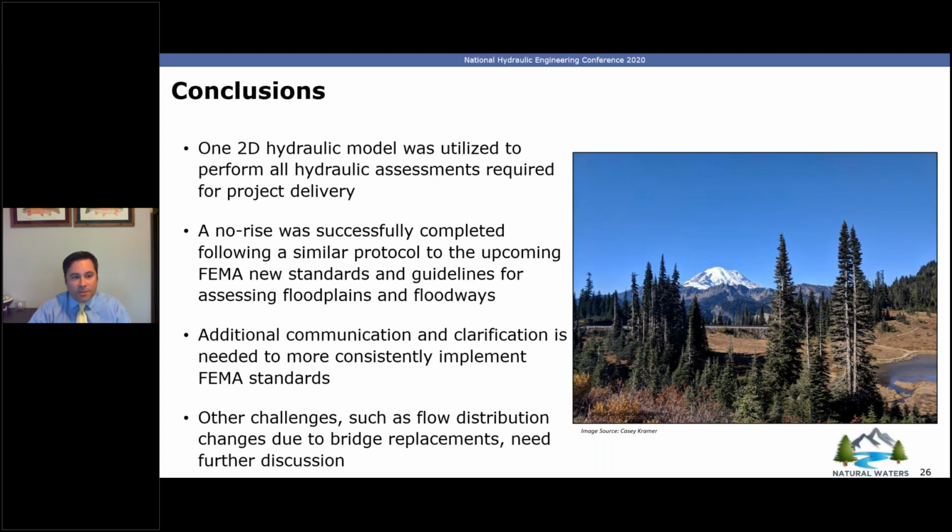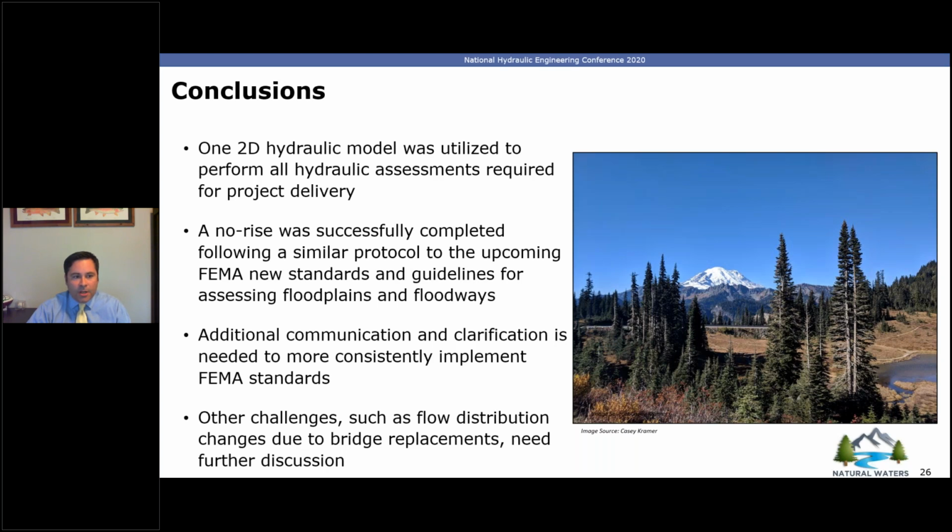That's why this new concept by FEMA is actually great, being able to utilize one model consistently across all the project delivery elements, whether you're doing your bridge hydraulics, your floodplain and floodway assessment, scour assessment, scour countermeasure design, etc.